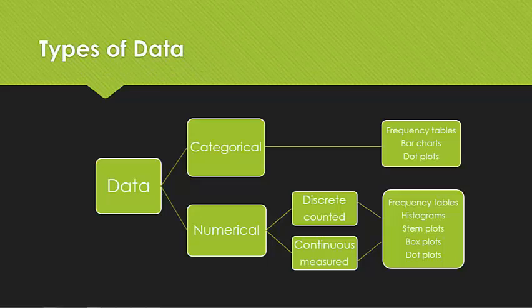Continuous data is something that is measured. So if I was to measure the heights of all of those Year 7 students, the height data would be continuous numerical data. Numerical data is shown in frequency tables again, or in histograms, stem plots, box plots, or dot plots. And again, we'll have a look at some examples of those on the next few slides.